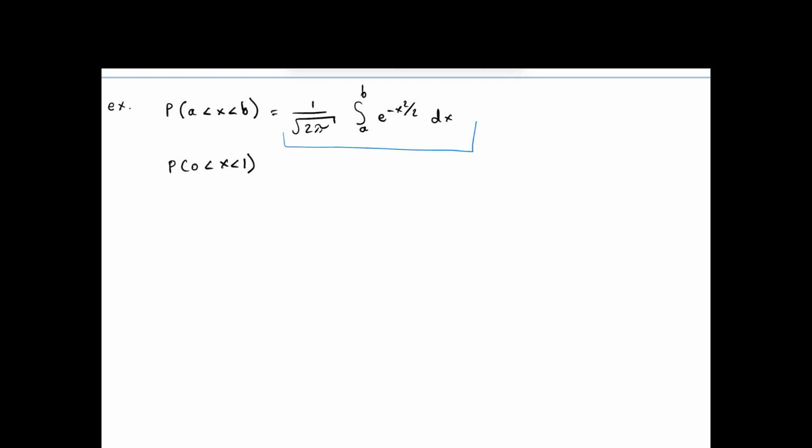Now, referring to our previous example, we said that e to the x can be expressed as the sum from n equals 0 to infinity of x to the n over n factorial.